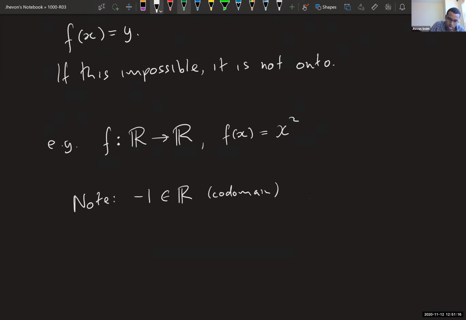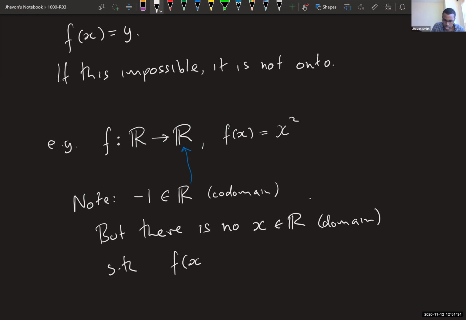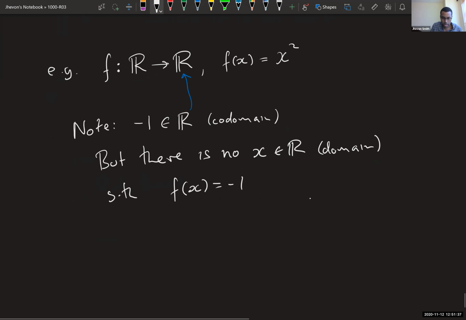I'm referring to this R right here. But there is no x in R, the domain, such that f of x gives me -1. Right, because that would mean that x squared is equal to -1, which we know has no real solution. So you can show that it's not onto by doing something like that. Just show that I can pick an output where there's no input.